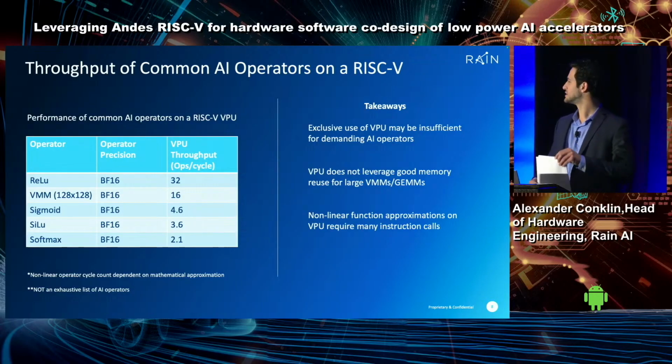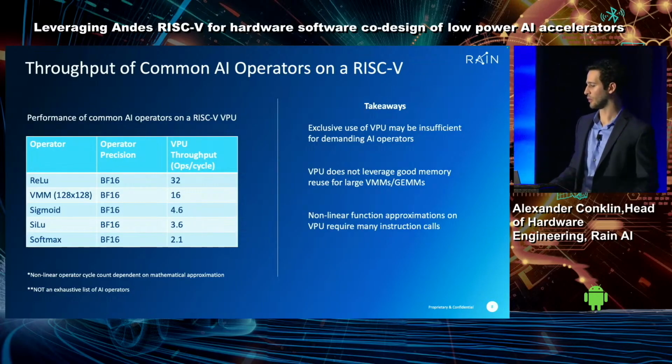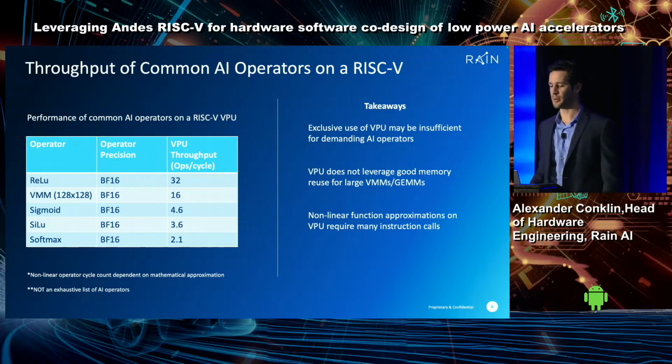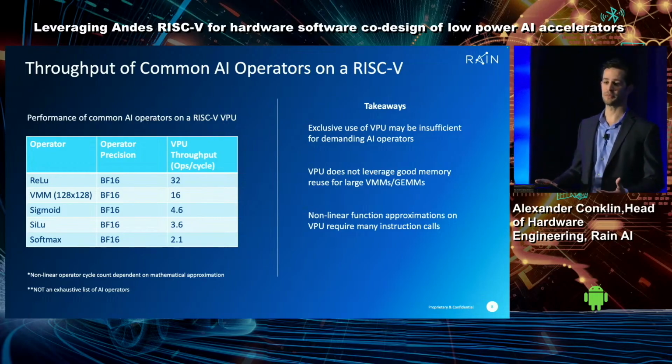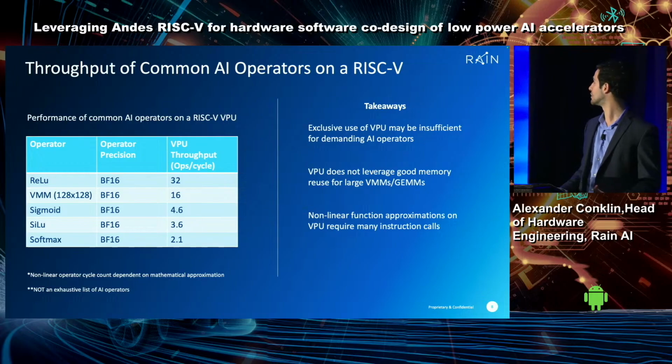To establish a baseline of performance and for contextualizing, I think it's worth looking at how these might run on an out-of-the-box RISC-V VPU with a VLEN of, let's say, 512. While operators like ReLU might run well, as we move down to operators like the nonlinearities, depending on how you approximate them, these can be bottlenecks in your network.